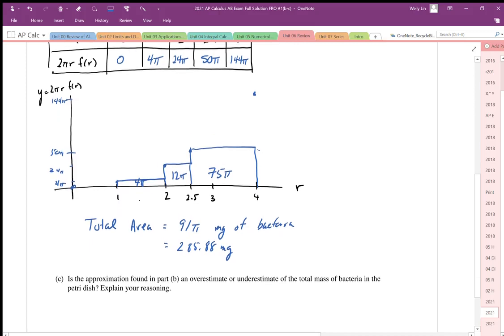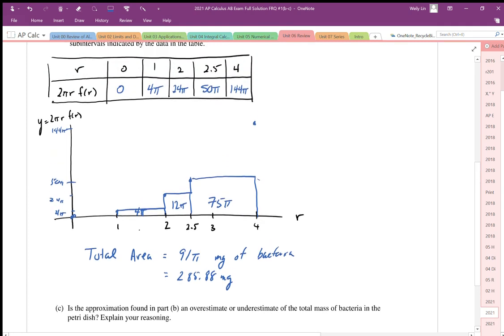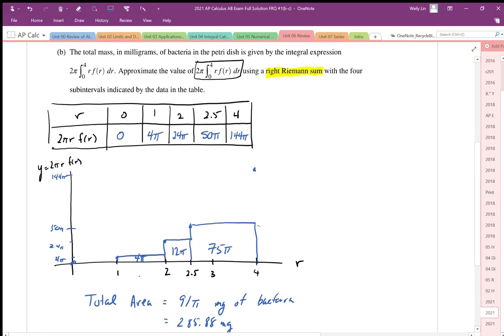Okay, so part C here says, is the approximation found in part B an overestimate or an underestimate of the total mass of bacteria? So if we think of this problem here, this is really a strictly increasing problem. I start with 0, I go up to whatever that value is, and really this is a strictly increasing problem.